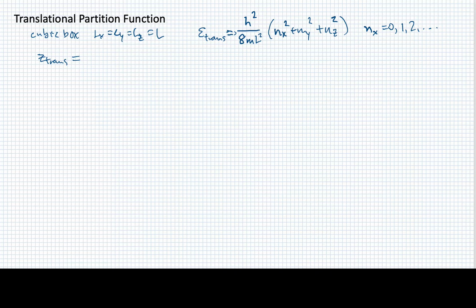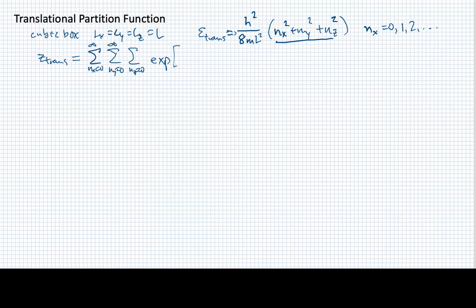So using our standard formula, we're going to do a summation over all of the states, but now I can actually enumerate those states by using these quantum numbers as labels. So nx would go from 0 to infinity, ny would go from 0 to infinity, and nz will go from 0 to infinity. And now my term in the sum is going to be equal to this.